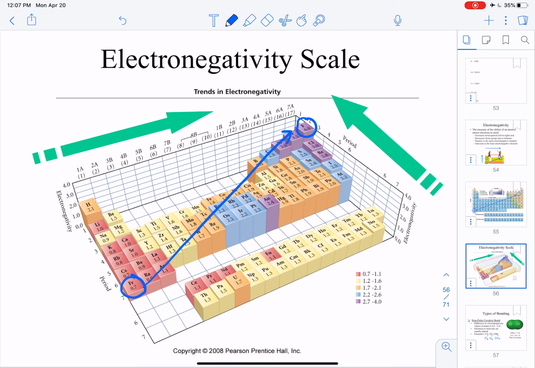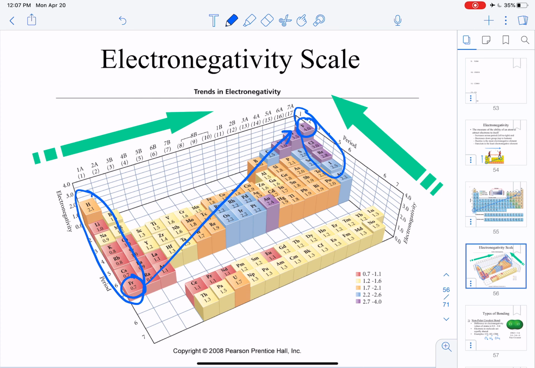And that makes sense because we know that our halogens over here, they really like to gain an electron and become an anion. And our alkali metals over here, they like to lose an electron to become a cation.